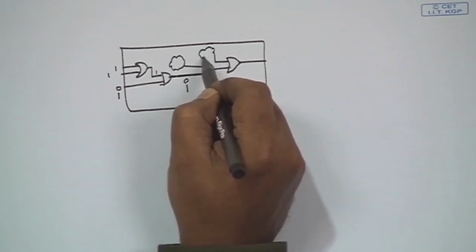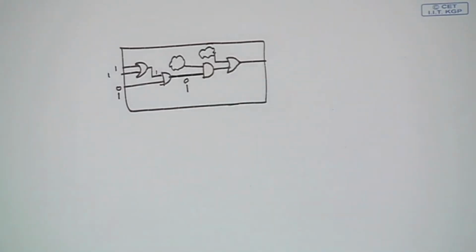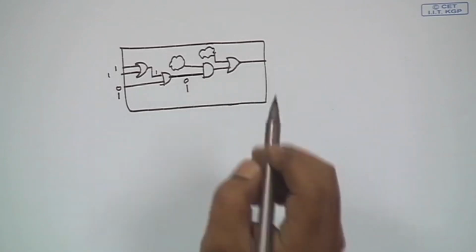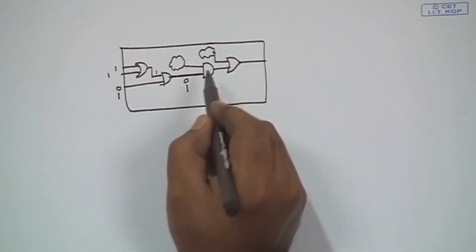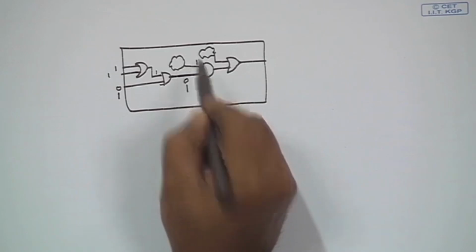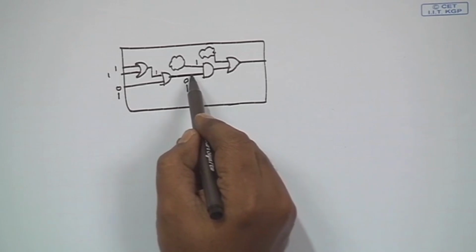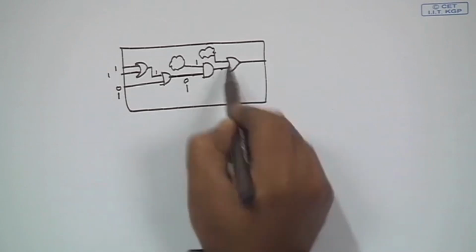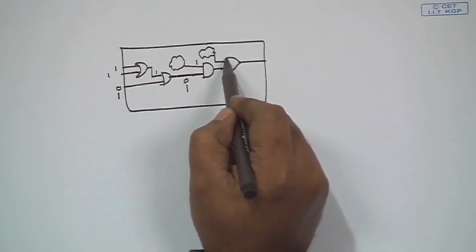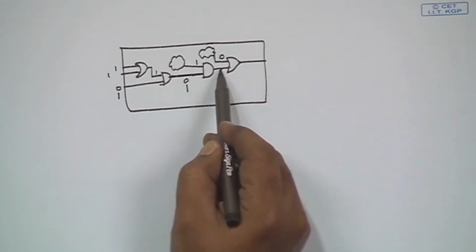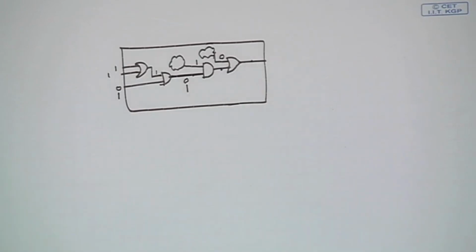Similarly, there is some logic here which feeds this OR gate. Now, if we want to propagate this line to the output, then since this is an AND gate, I must somehow have this point at 1, because only if this point is 1 will whatever value is here get propagated to this point. And since this is an OR gate, I must have a value 0 here, so that whatever value is coming here is propagated to the output.